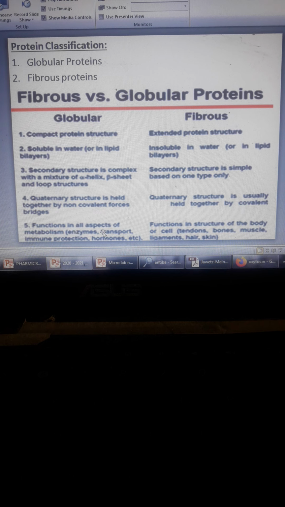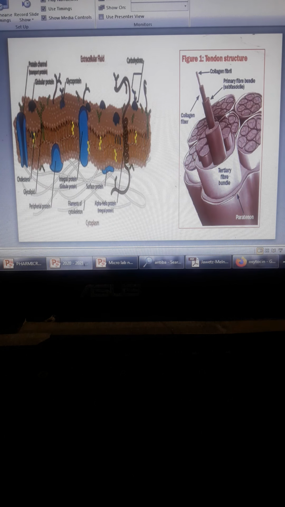Okay. Globular proteins function in all aspects of metabolism: enzymes, transport, immune protection, and hormones. Fibrous proteins are for tendons, bones, and muscles, usually mechanical functions. So for example, you can see the globular proteins at the surface of the cells.